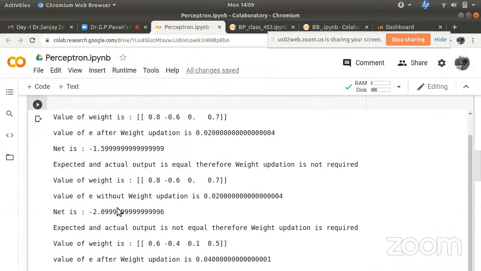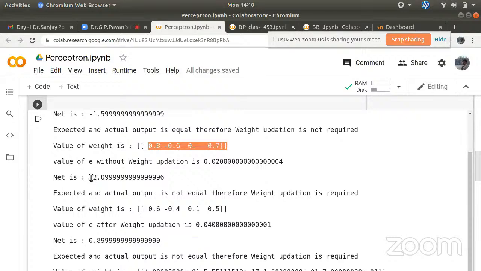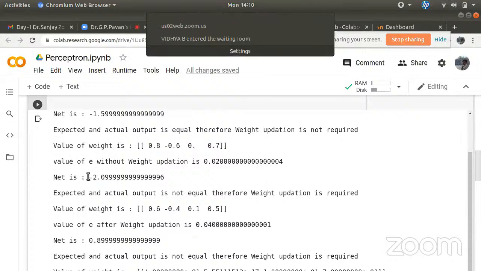So in the second step, weight updation does not take place, and the same weights 0.8, 0.6 are here. In the third step, with -2.1, the weight updation took place. So step 1, step 2, step 3 are completed.